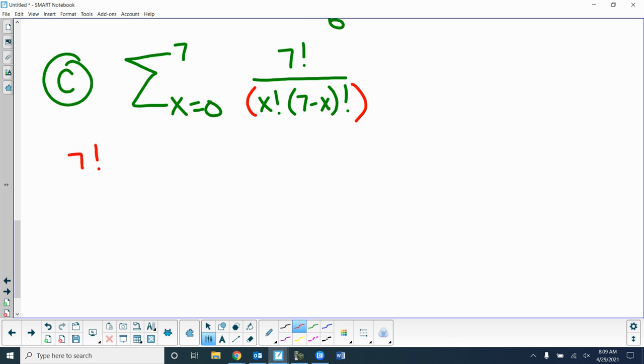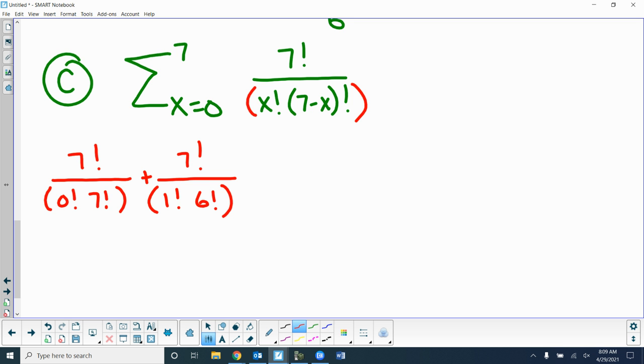So the first one is 7 factorial over 0 factorial. And I don't put this part. What is 7 minus 0? 7. So I just do that in my head. I write it like that. Plus 7 factorial, and then we go 1 in for x. And what's 7 minus 1? 6.